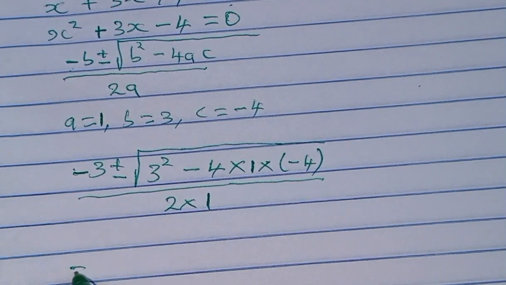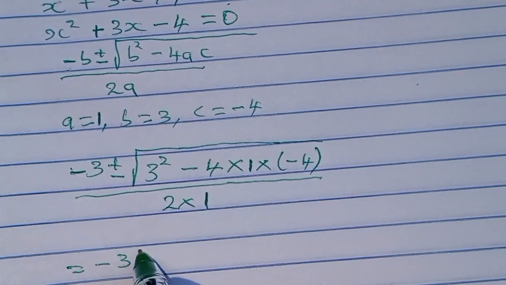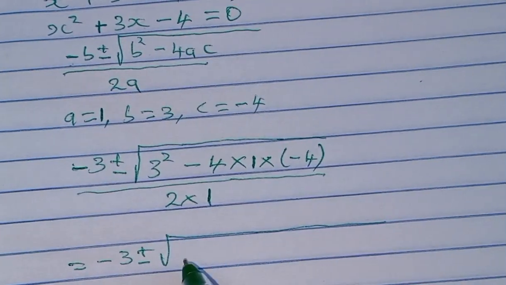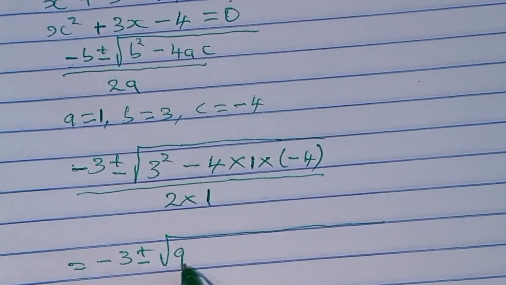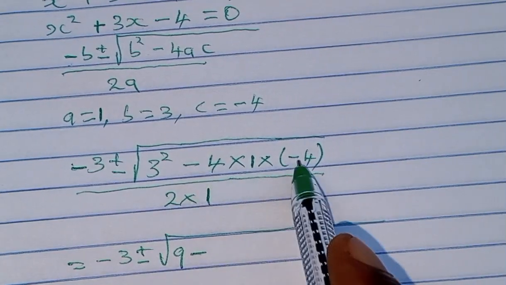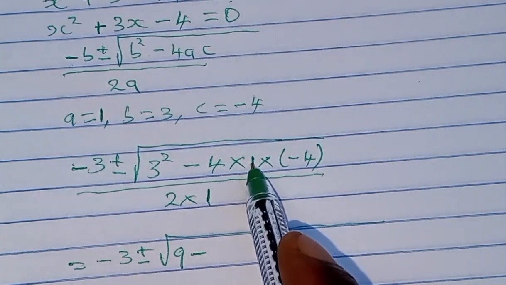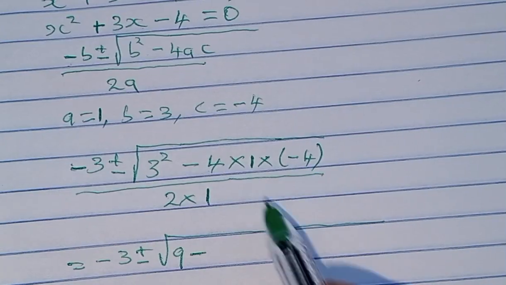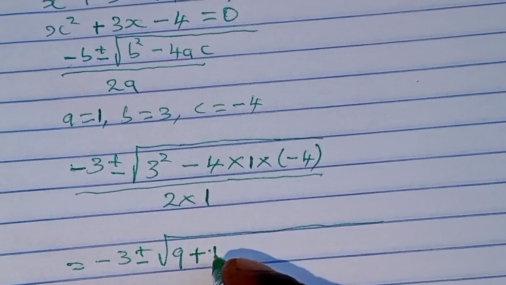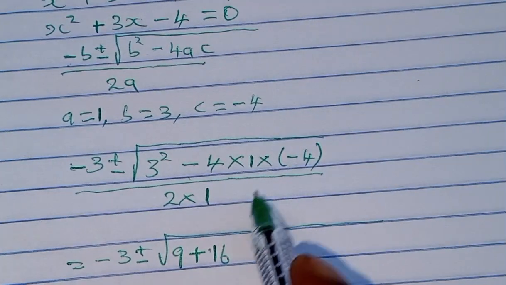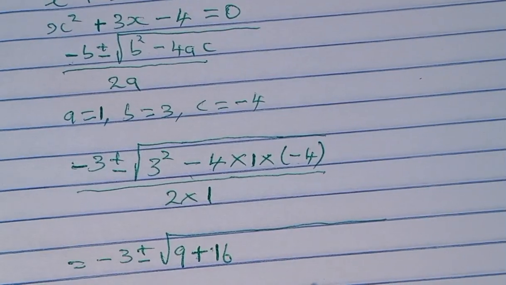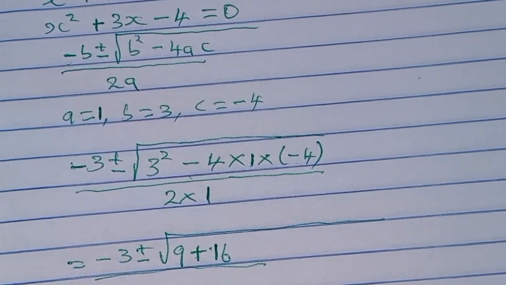So we're still solving. This is going to be equals to minus 3 positive negative square root of, this is 9, because 3 times 3 will give us 9, minus 4 times 1 times minus 4 is going to give us plus 16, because minus times minus is plus. 4 times 4 is 16 times 1 is still 16, all over 2.